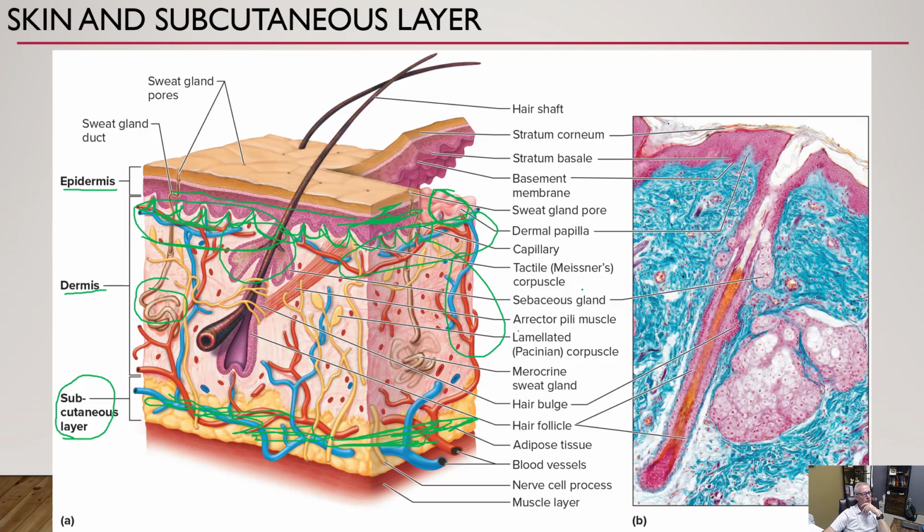So if we go back all the way up here, we have our tactile Meissner's corpuscles, kind of right there. There's one there. And we also have these lamellated or Pacinian corpuscles. I remember tactile for touch and Pacinian for pressure.